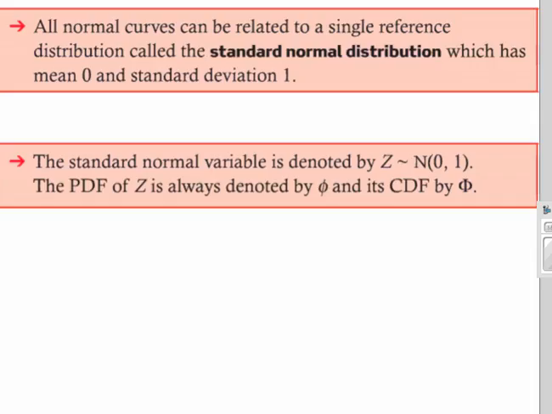We can still find out things by relating our distribution to the standard normal distribution. Now, in the textbook, they use small case phi for the PDF and capital phi for the CDF, which you'll get used to.